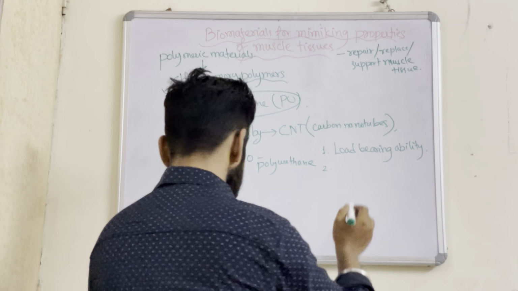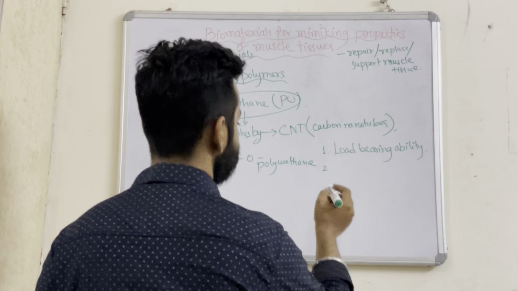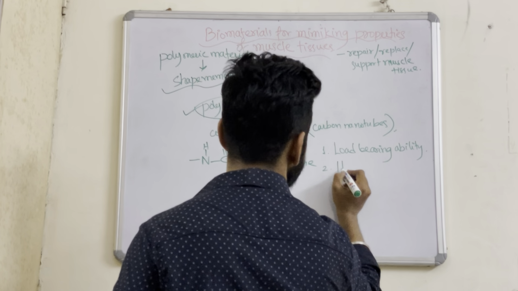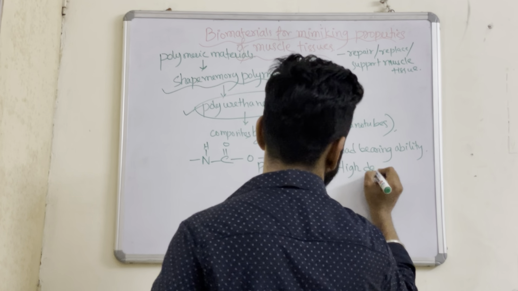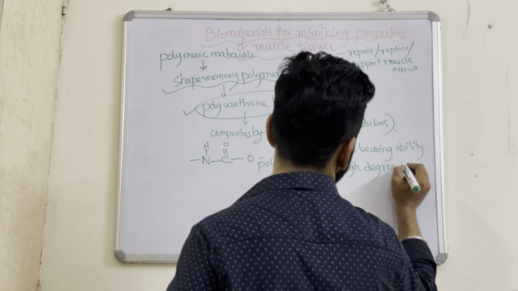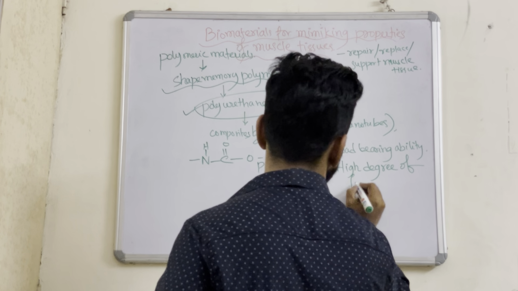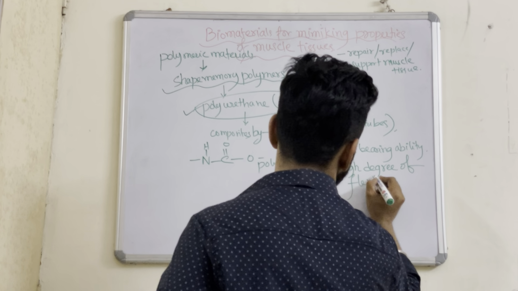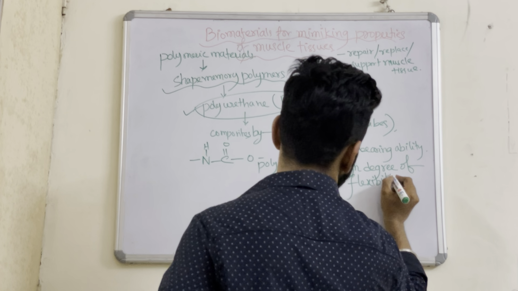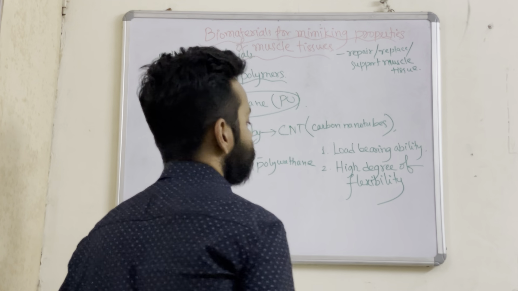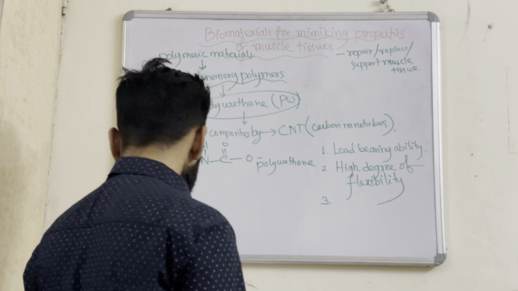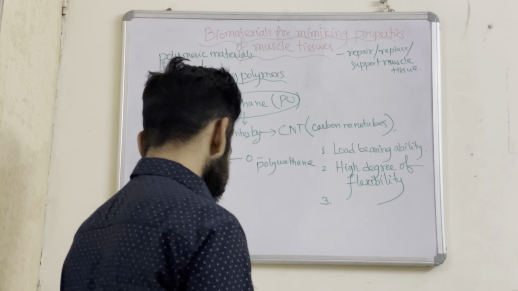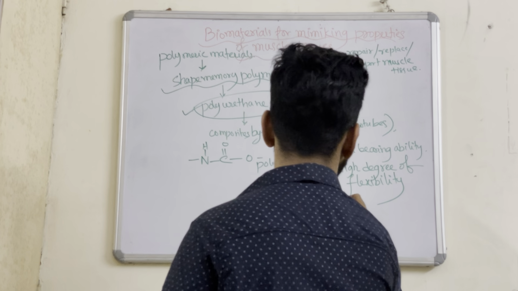The second property we can look for is a high degree of flexibility, which is also a characteristic of muscle tissues. The third property is high resistance to abrasion.